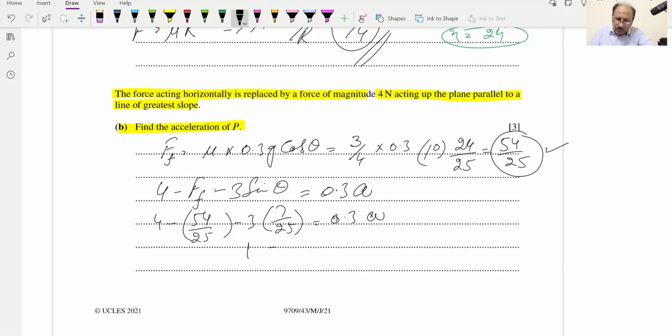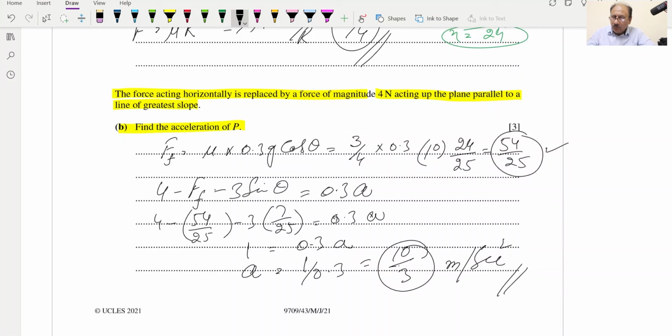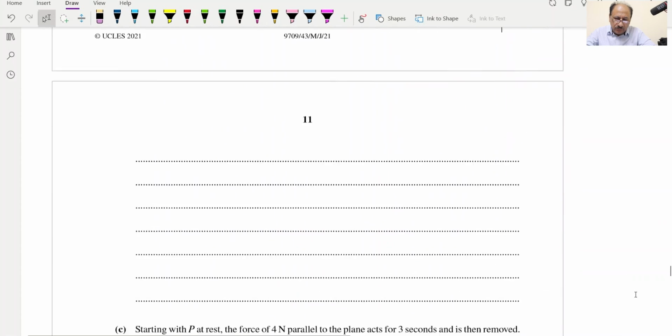So 1 is equal to 0.3a, so a is equal to 1 over 0.3, or we can write as a fraction 10 over 3. This will be the acceleration, in meters per second squared. Hopefully you understood this part as well. Now we can move to the C part.